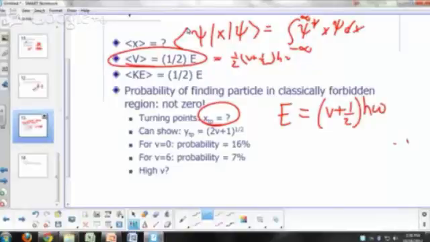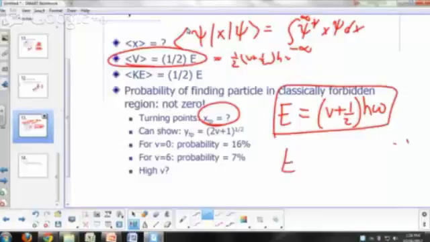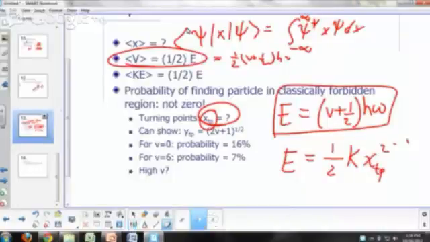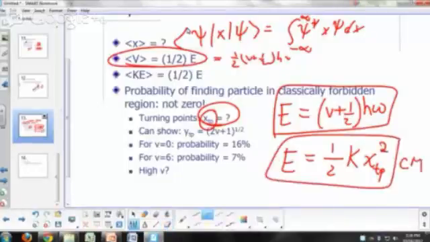Well, that's the quantum mechanical prediction. Classical mechanics says, what's the energy? 1/2 k x squared, and we're going to use x sub tp here as our turning point, so x sub tp squared. This is what we called A earlier. So this is the classical mechanical energy, this is the quantum mechanical energy.